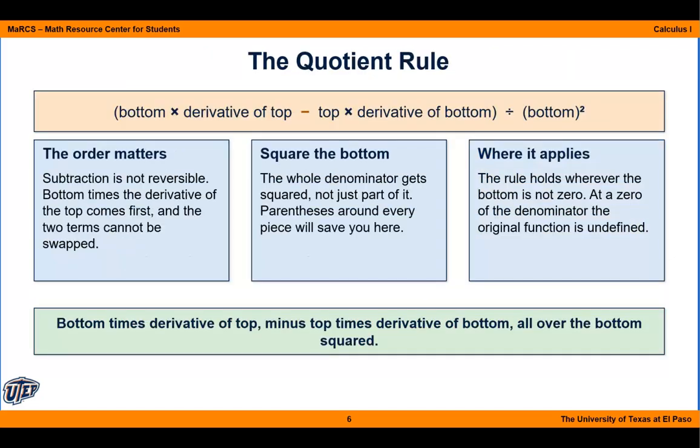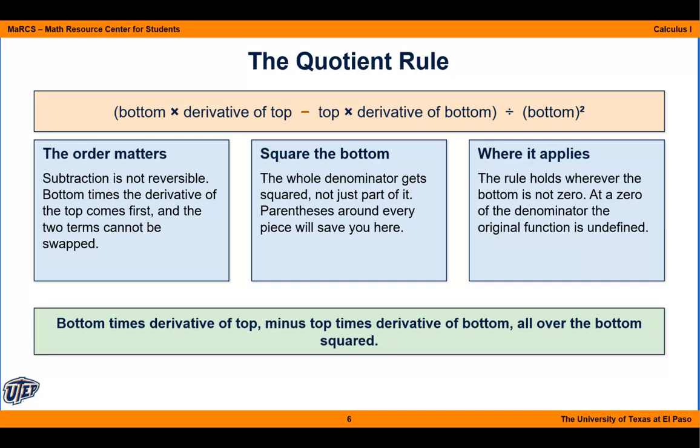Now let's consider a function written as a quotient. y is equal to f of x divided by g of x, where g of x is not equal to 0. Because both the numerator and denominator may change, we need a rule that accounts for both. The quotient rule states that y prime is equal to g of x times f prime of x minus f of x times g prime of x, and this whole thing is divided by g of x squared.